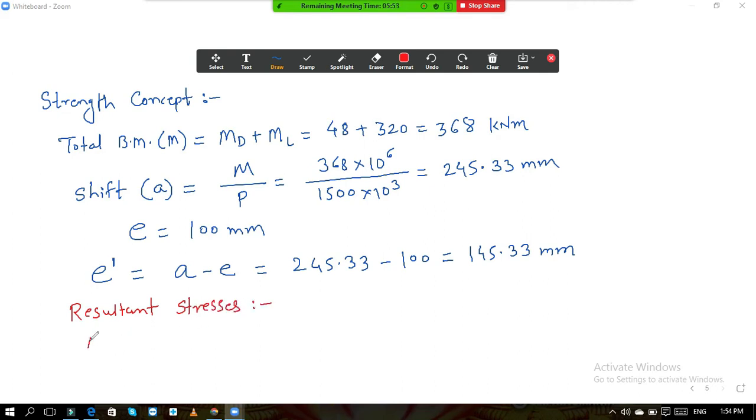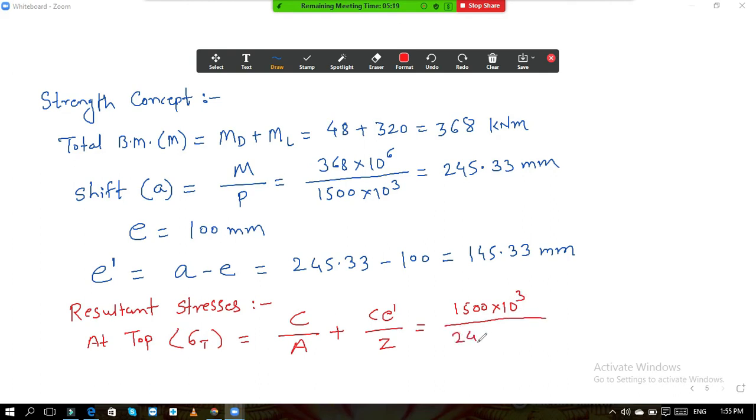At top, sigma t is equal to C by A. Now your C line is above the centroidal axis, so it will be plus C E dash by Z. If you put the values, C is equal to P, 1500 into 10 raised to 3, divided by area 240 into 10 raised to 3, plus C again 1500 into 10 raised to 3 into E dash 145.33 divided by Z, 24 into 10 to the power 6. If you solve this, you will get the stress at top.